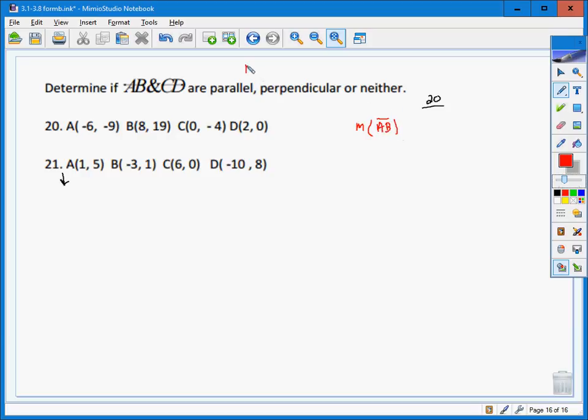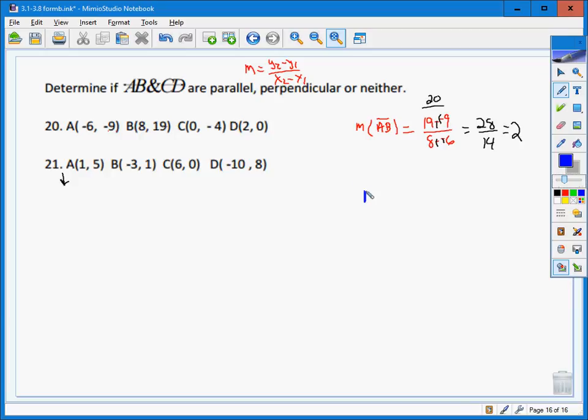Remember that the slope formula says y2 minus y1 over x2 minus x1. y2 minus y1, 19 minus a -9. x2 minus x1, 8 minus a -6. Both of my minus negatives change into plus positives. I now have 28 over 14, which is 2.